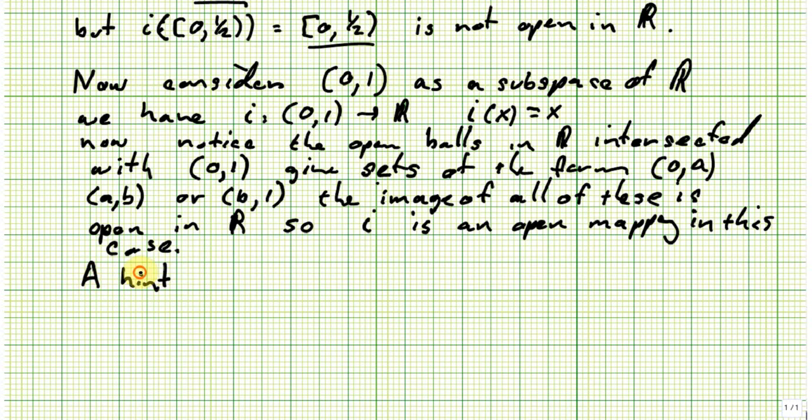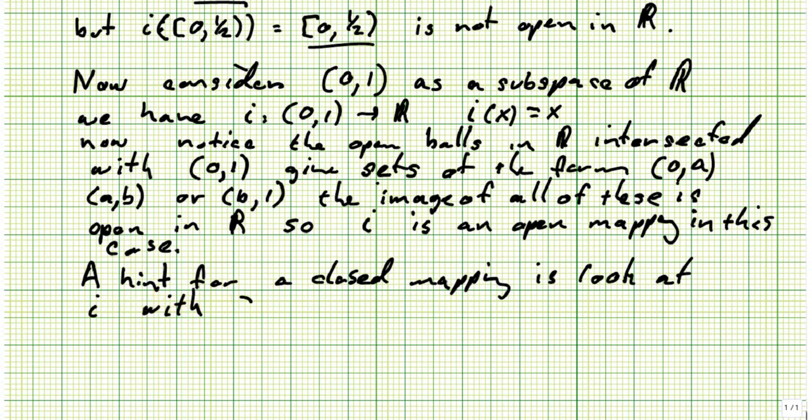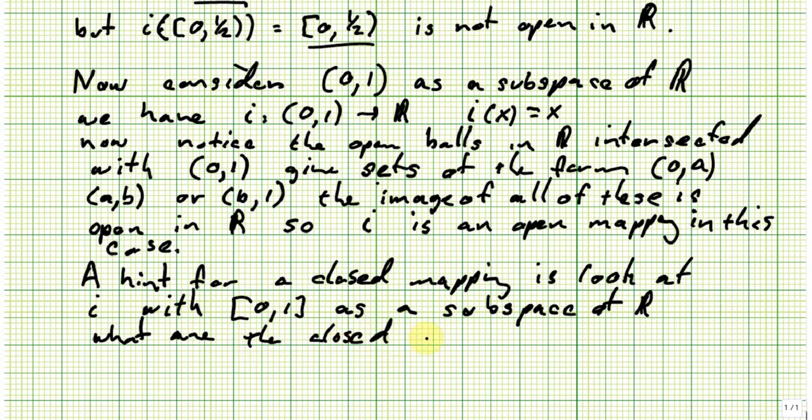A hint for a closed mapping is look at the injection map with 0, 1 as a subspace of R. And just even a further set is, what are the closed sets in 0, 1?